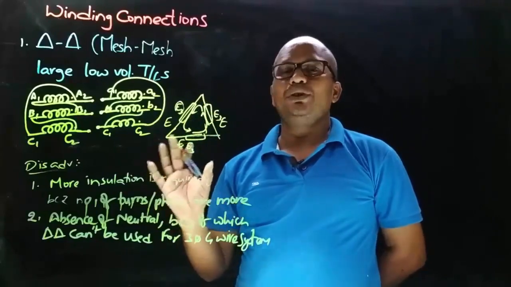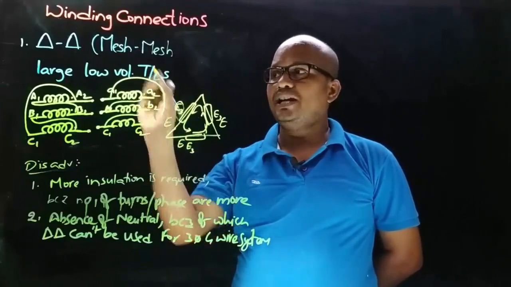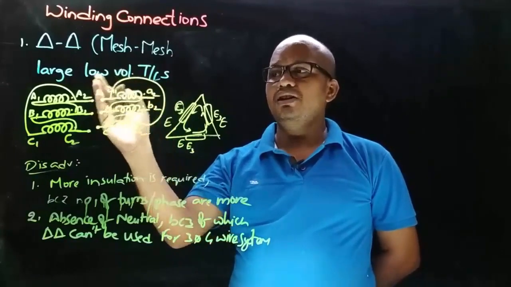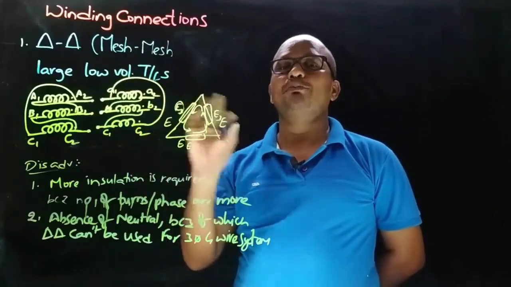So these are the advantages and disadvantages of delta-delta connection, and the application of delta-delta connection is for large low voltage transformers where insulation is not a problem.